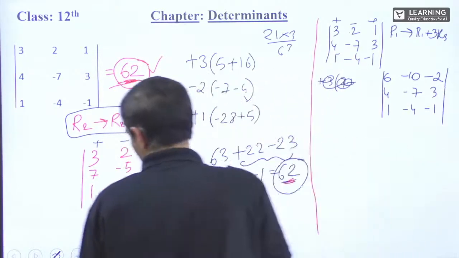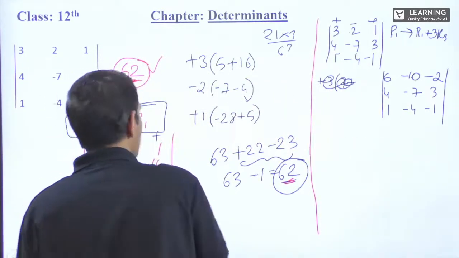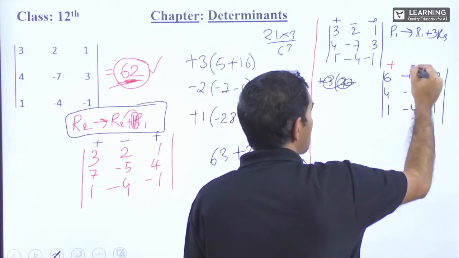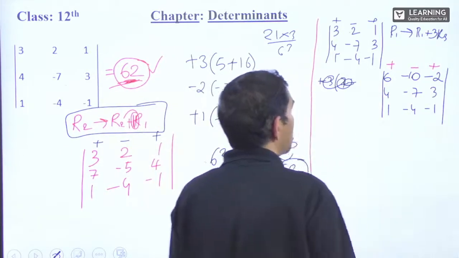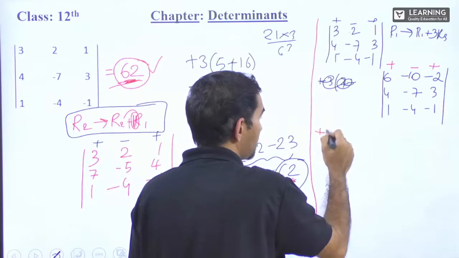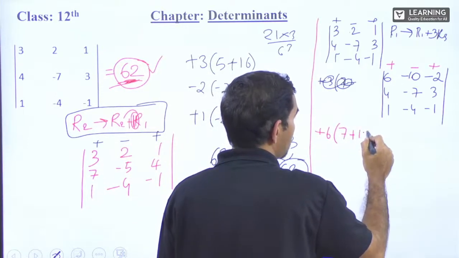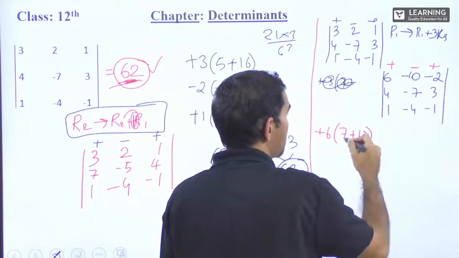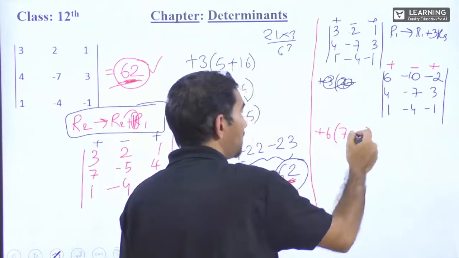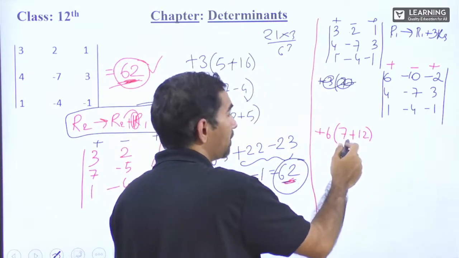So we'll find out the value of that determinant. We'll write down the cofactors here: plus, minus and plus. We'll start with plus 6 of 7 plus 12. Minus into minus is plus 12; in between we're getting a minus sign, so it will become plus 12.